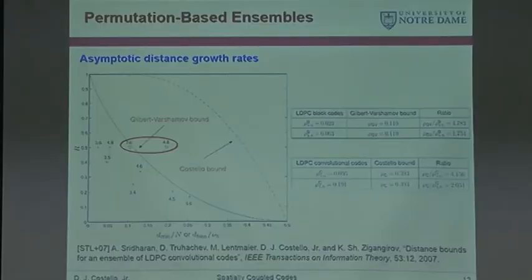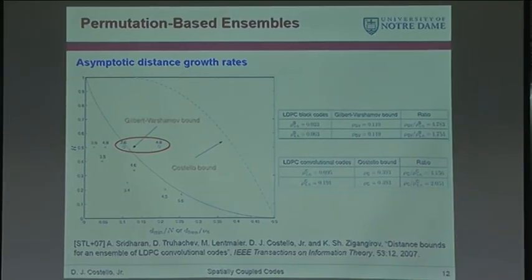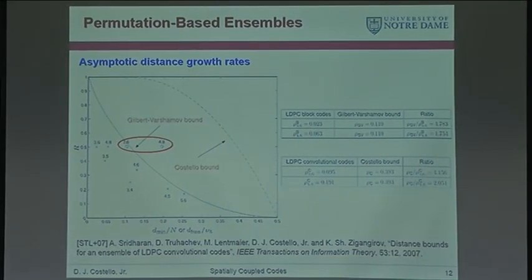As the density gets larger, these distance ratios get closer and closer to the bounds. I think I have a graph later on. This is a graph that we did 10 years ago using an analysis technique that was a little cumbersome. That's why I only showed 2 values here. It took forever to evaluate these things.